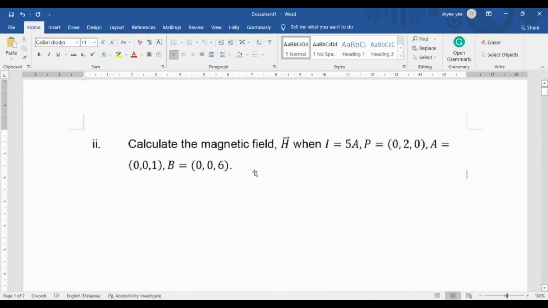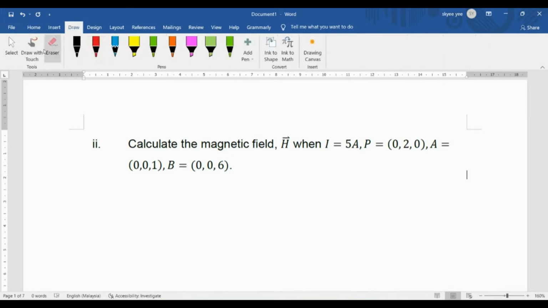I'm going to show you how to get the answer for these questions by using different techniques. The first one is we use the formula. So this is the formula.